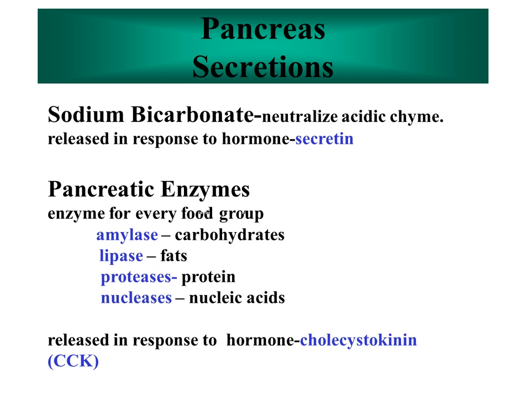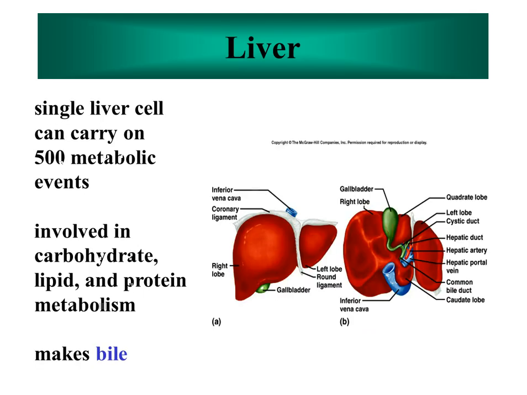And let's see how that works with the liver. A single liver cell can carry on over 500 metabolic events at any time. It's involved in carbohydrate, lipid, and protein metabolism. It's divided into lobes.